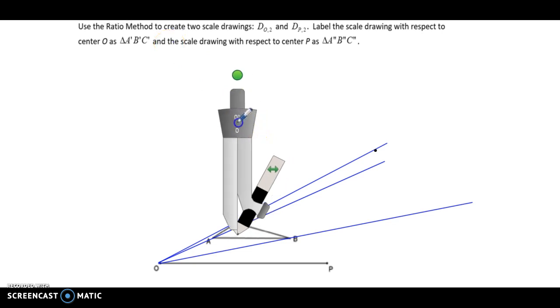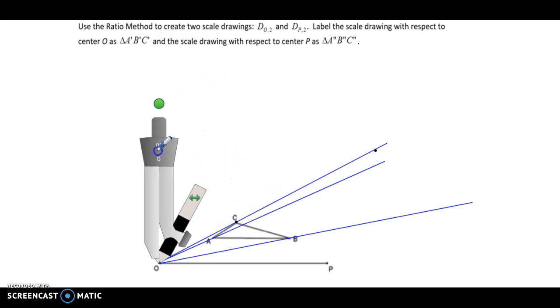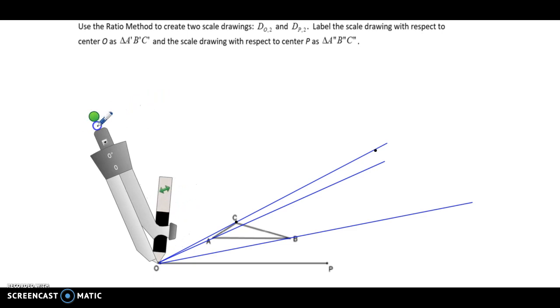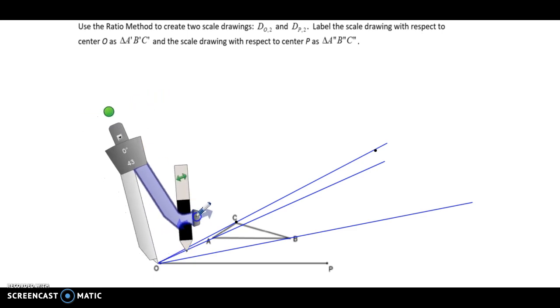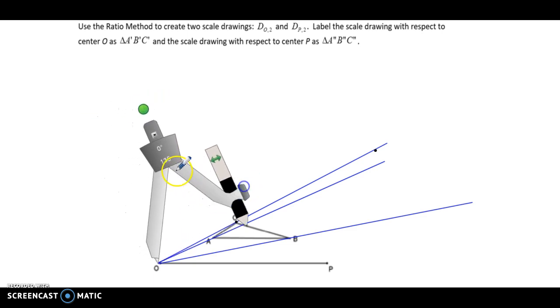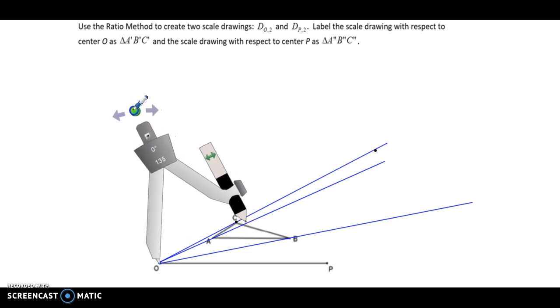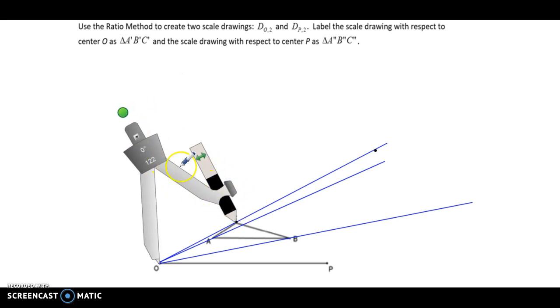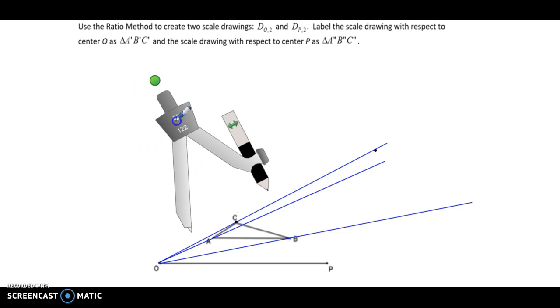Put the point of your compass on your center of dilation, which is O, and open up your compass so that the pencil is on C, because right now we're just measuring. You want to measure the distance from O to C. Now I have a distance, and I want to make it twice as long.